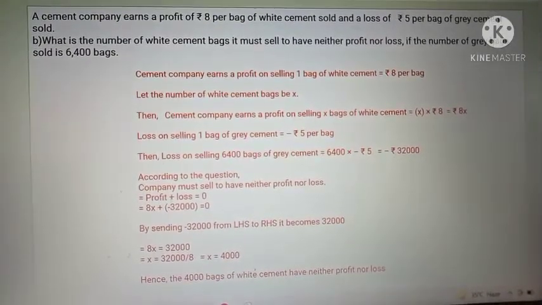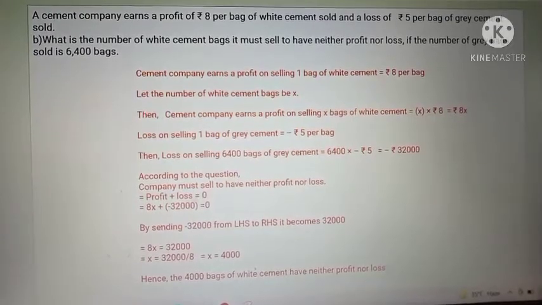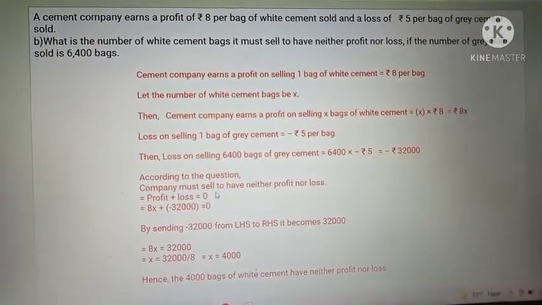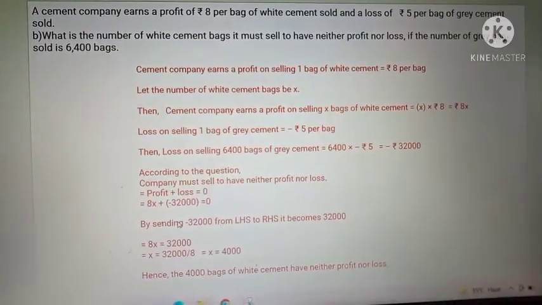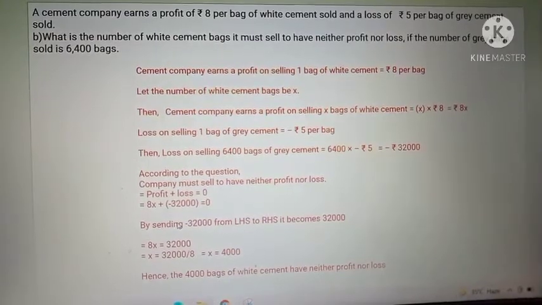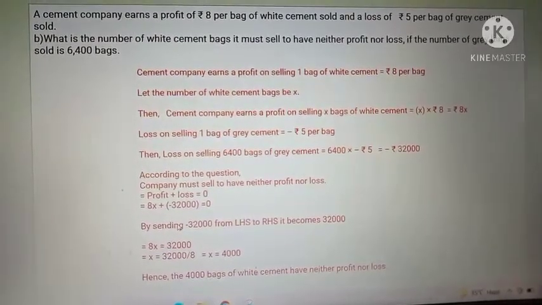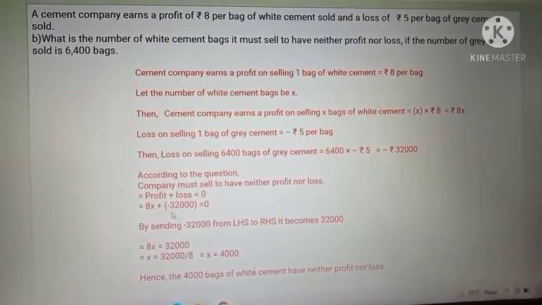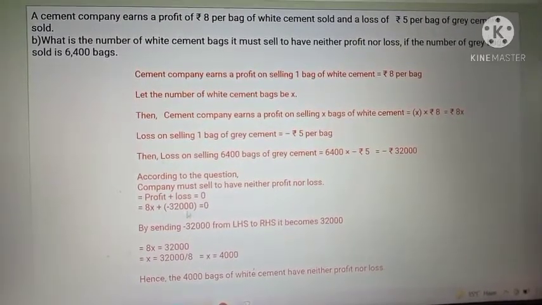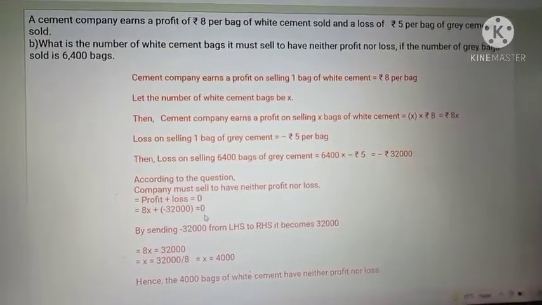Negative. Now according to the question, the company must sell to have neither profit nor loss. That is, profit plus loss should be 0. That is 8x plus minus 32,000 is equal to 0.